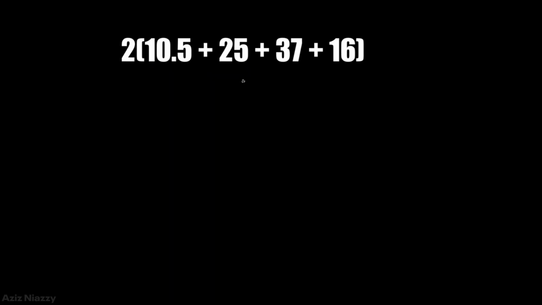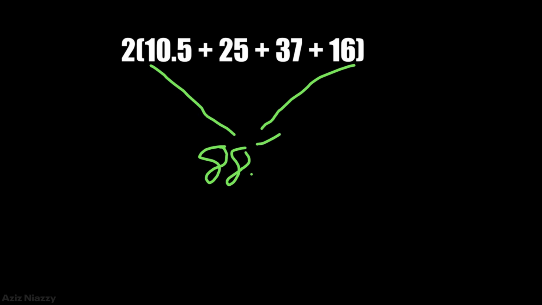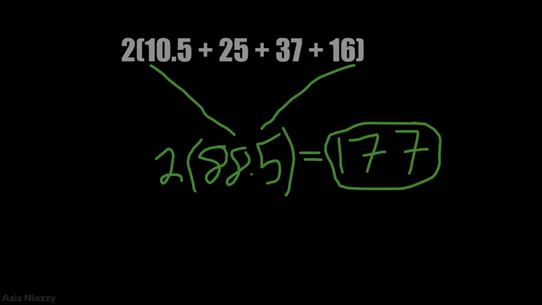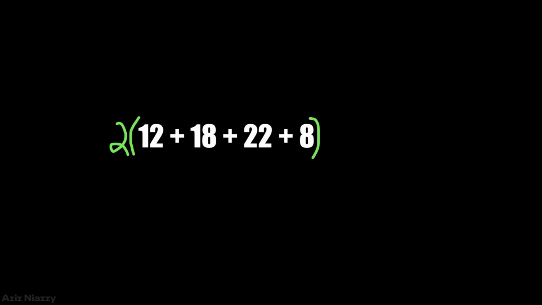So first we should add, and when we add this all together, we will get 88.5. And now we have to multiply by 2, which gives 177. So Tana's perimeter of her garden is 177 feet.